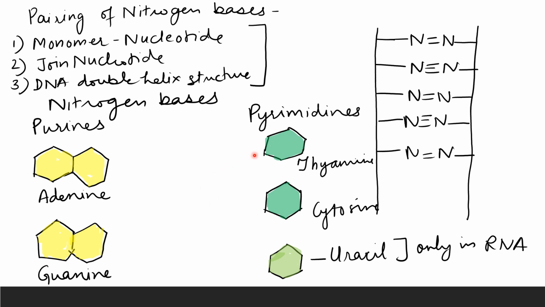Adenine will always make a bond with thymine, and guanine will always make a bond with cytosine, right? So let's join this. What I'm saying is, adenine, I'm writing just A to make you understand, not making a full structure.